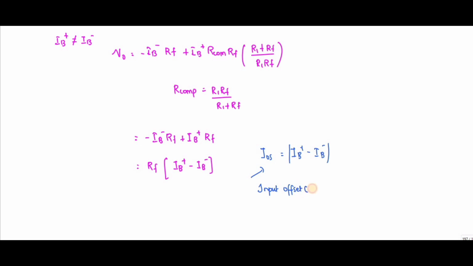Okay, so the definition is that it is the difference between two bias currents. It may be that IB minus is greater or IB plus is greater. Okay, so I can write V naught is equal to RF into IO.